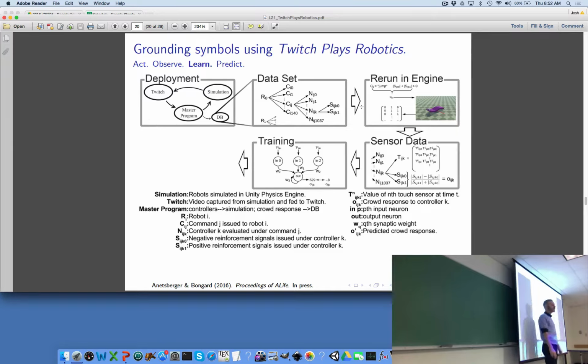We know how the crowd actually responded to those 6,000 actions. So we take the average error in the prediction across all 6,000 actions. That number is the average error, and it tells us, on average, how well this neural network is doing at predicting the response of the crowd.